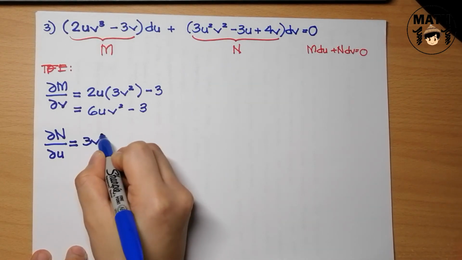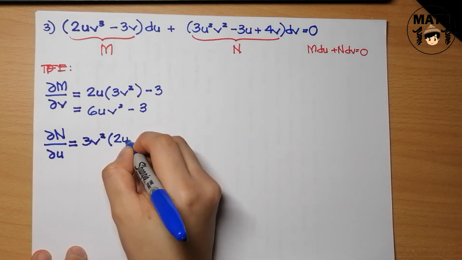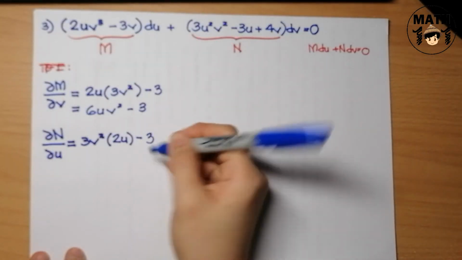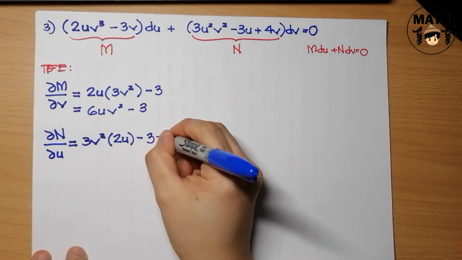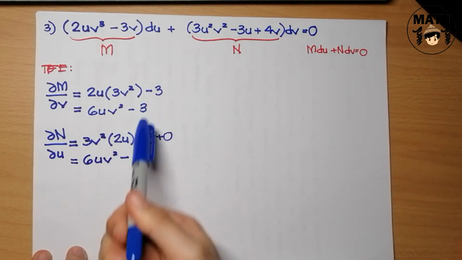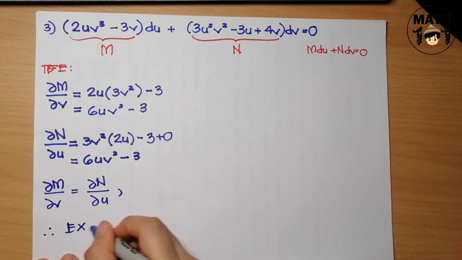So tip ko sa inyo, isulat nyo muna siya, at saka kayo mag-differentiate. Derivative ng u squared ay 2u minus derivative ng 3u with respect kay u, 3, plus derivative ng 4v with respect kay u. So taken as constant, kaya 0 na lang. Simplifying this, so dahil pareho sila, meaning exact yung ating differential equation.